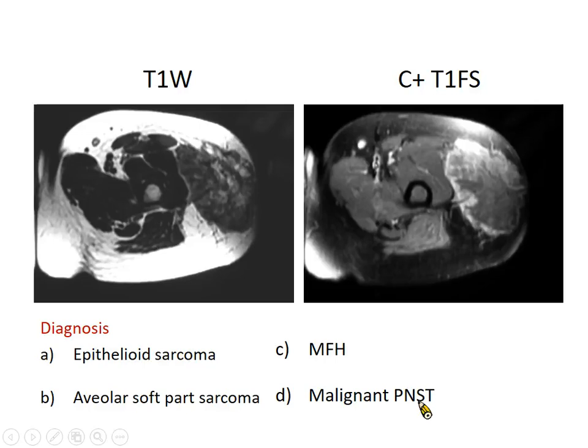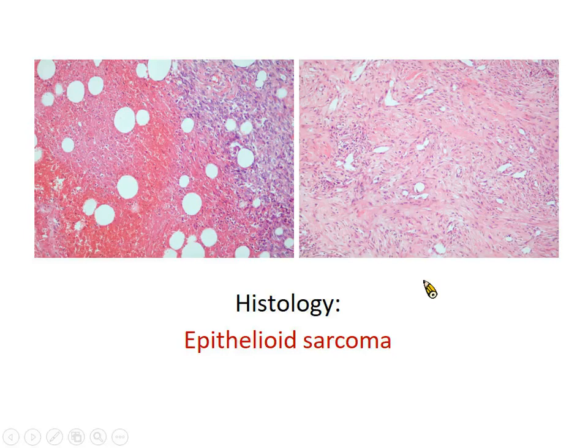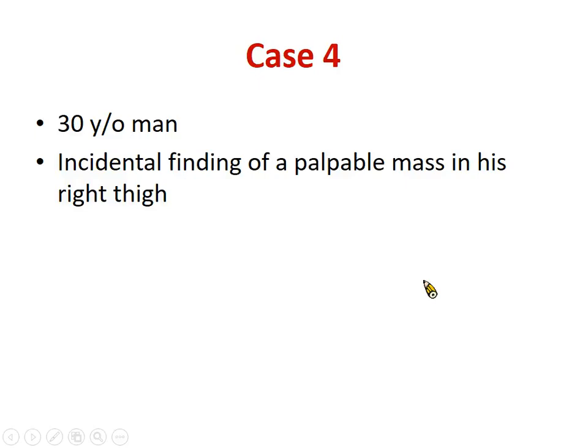There's so many fascicles. We can see the Antoni A and Antoni B substance. And on cross-sectional image, we can see the target sign with infiltrative margin. But in this case, it is not. So the answer is epithelioid sarcoma.